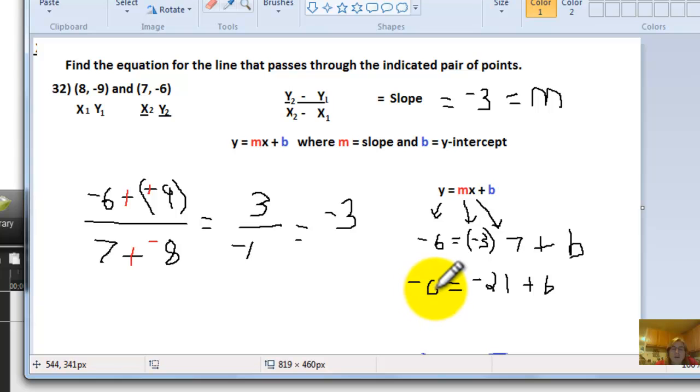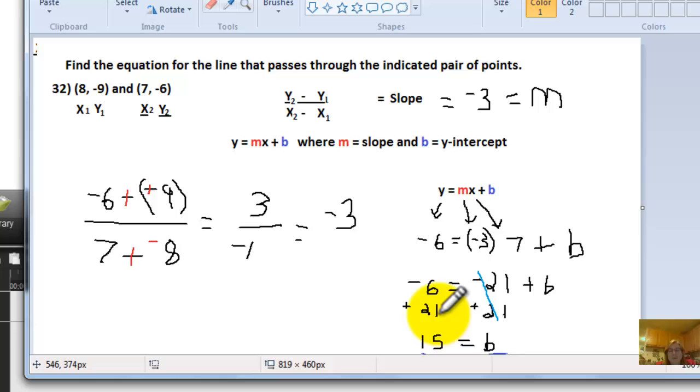And we have to follow our rules for algebra. Since this is subtracted on this side of the equal sign, we must add it to both sides. So we're going to add 21 to both sides. And that will give us 15, positive 15, and will equal b, because minus 21 plus 21 is 0.